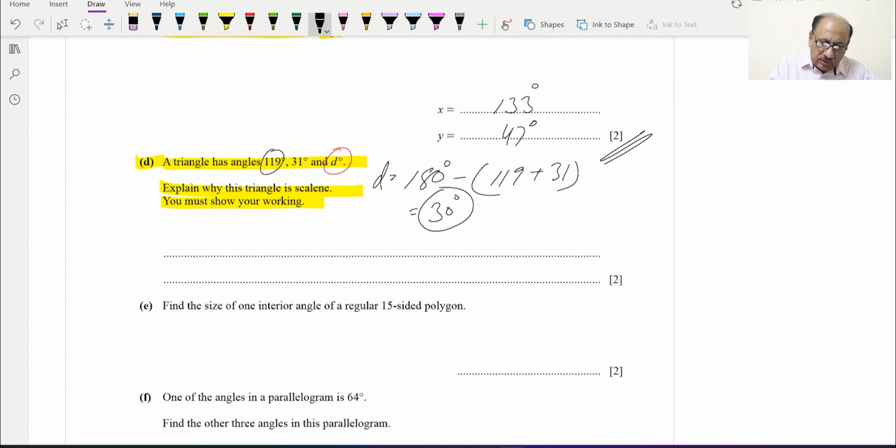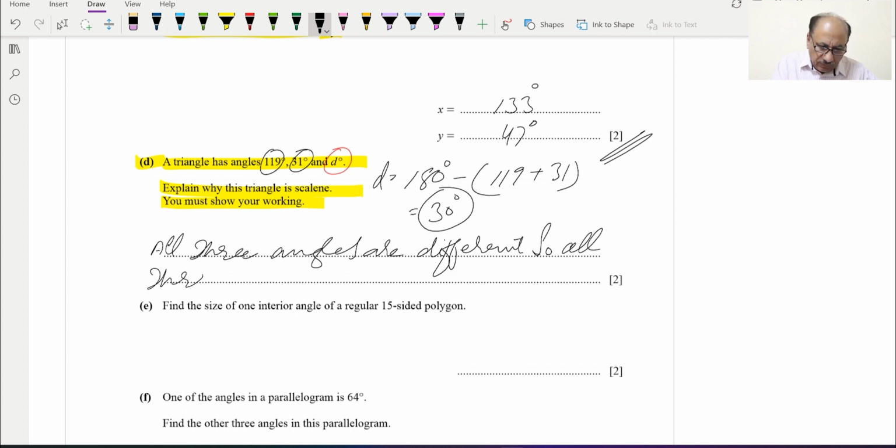All three angles are different, so our answer will be all three angles are different, so all three sides will be of different length. That's all. This is a 2 marks question.